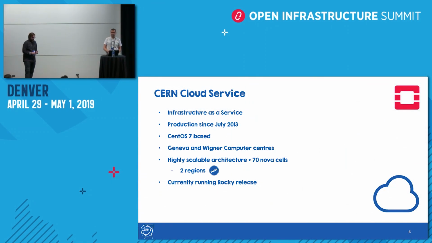But we are not going to talk about CERN only. We are going to talk about the cloud service. We started in production in July 2013. We offer infrastructure as a service to our end users. All the control plane and hypervisors are based on CentOS 7. We have two data centers, one in Geneva and one in Budapest.